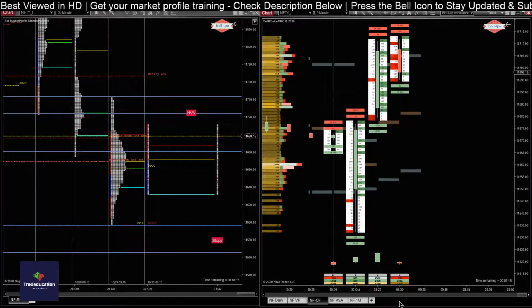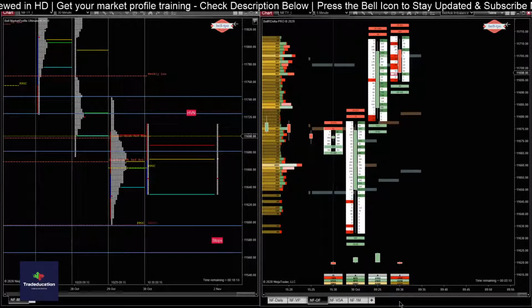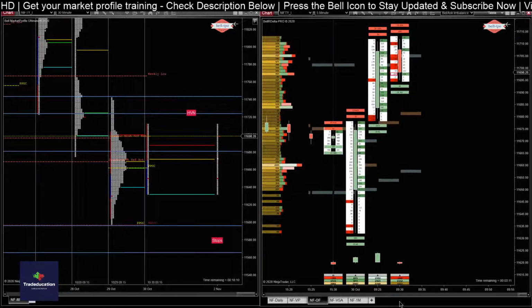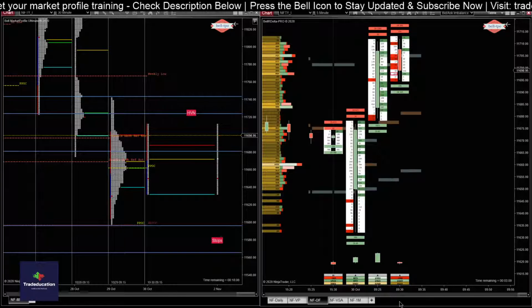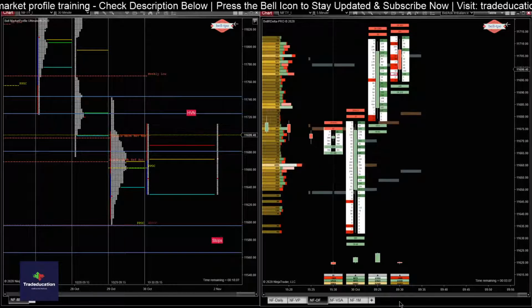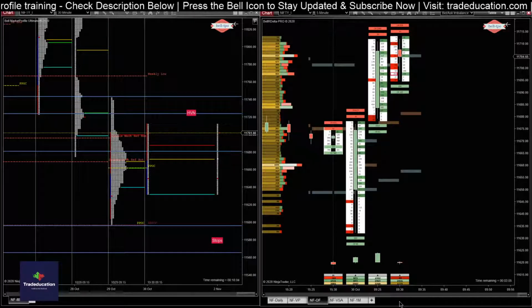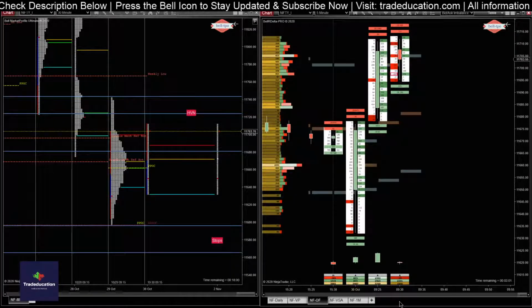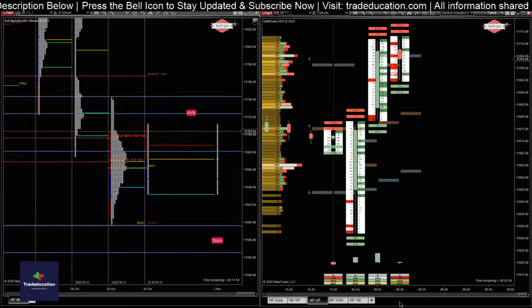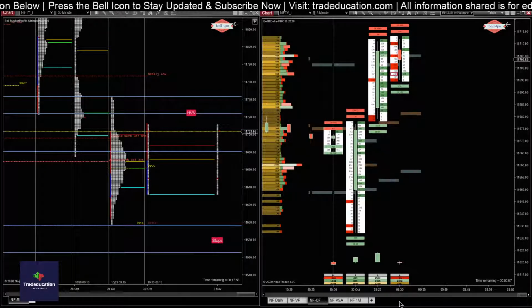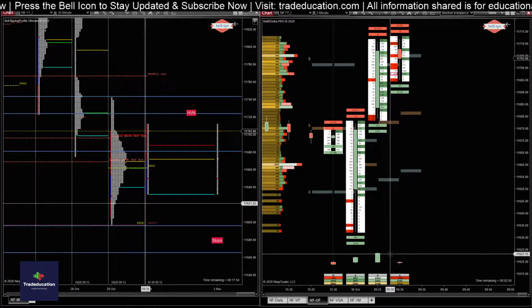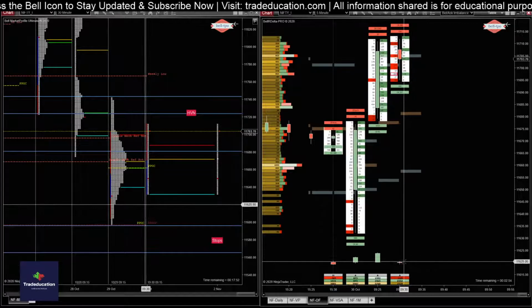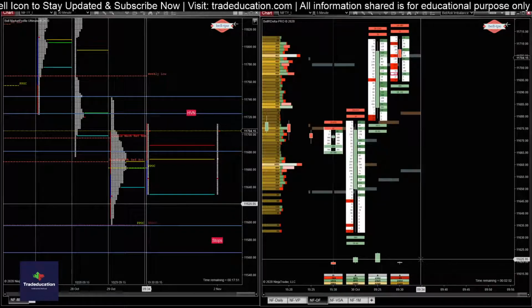Let the auction chop. There is some slight divergence in delta, but let's see.